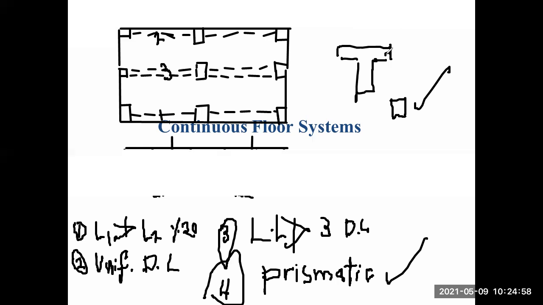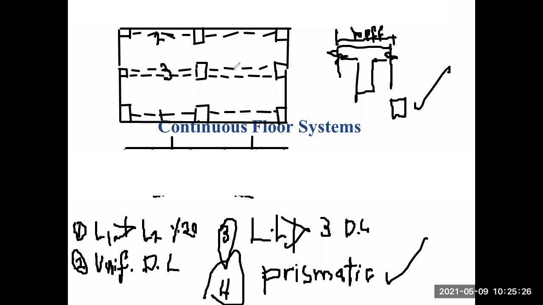So we have to give it this, to show that it's continuous, and this would be a B effective. We have to calculate the B effective, for positive moment, of course, because only for positive moment would the beam have this kind of shape.